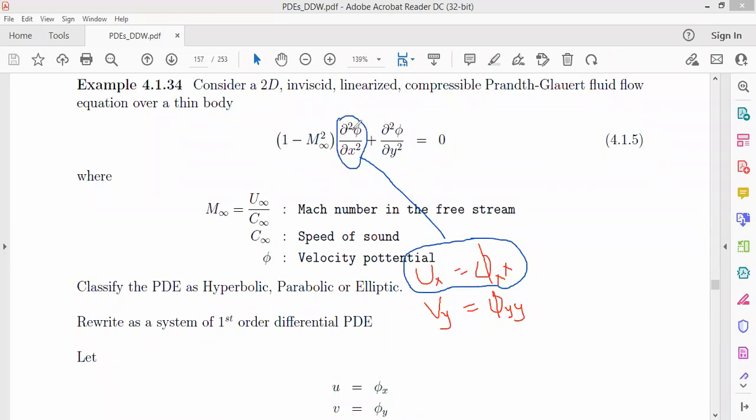So instead of having this as a second order, we are now going to write it as first order. Why? When you let U be phi x, then it means UX, which is now first order here, is equivalent to that one there. So we simply replace this one with that one there.